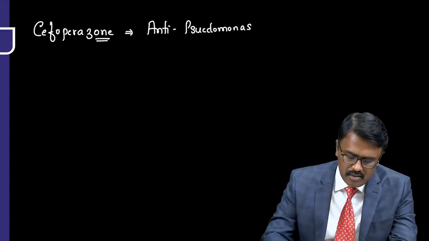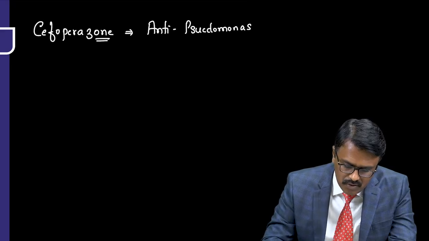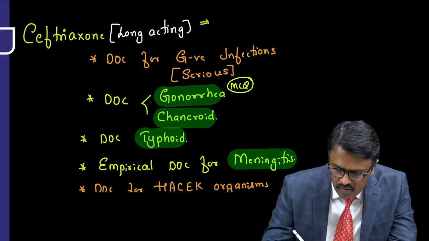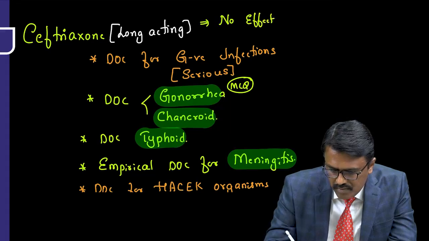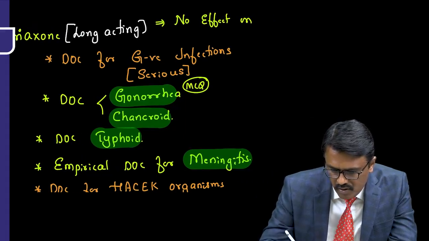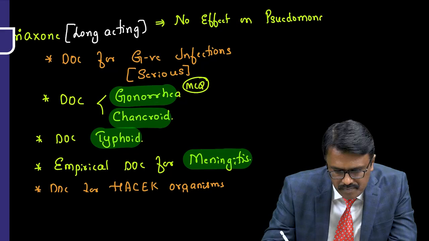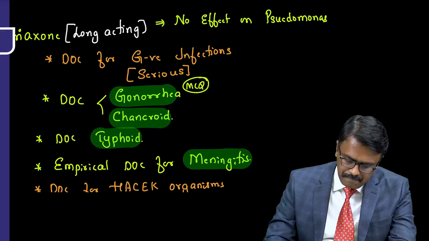So it's very important. The examiner can frame a question: does ceftriaxone have activity on Pseudomonas? You write down, you mark it: no effect on Pseudomonas.